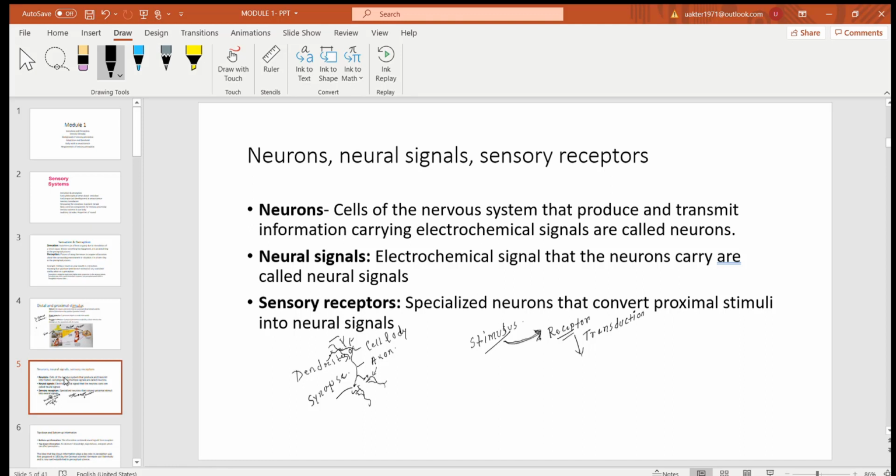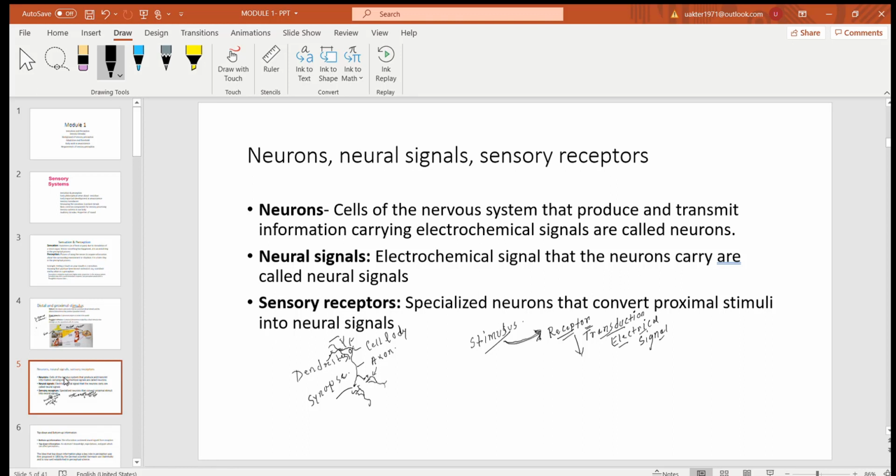The changes that occur inside the receptor upon the arrival of the stimulus. And the transduction does what? Converts the stimulus to electrical signal. The stimulus that is received by the receptors is converted to electrical signals, and that is the transduction.